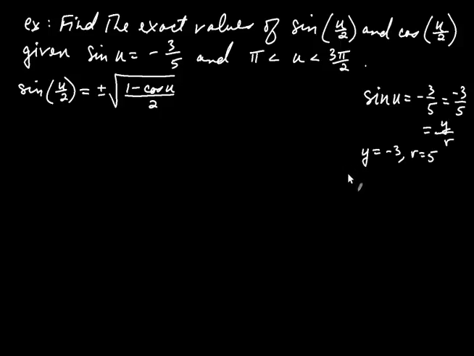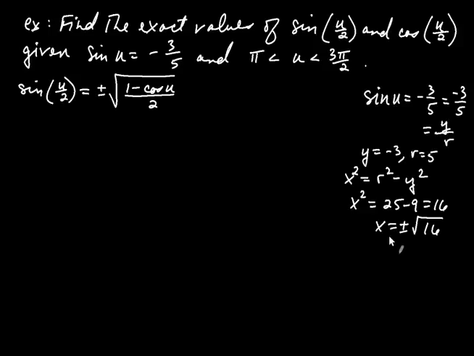So I know, of course, that x squared, right, is equal to r squared minus y squared. So x squared is equal to r squared, which is 25, minus 9, or 16. So x is equal to positive or negative the square root of 16.